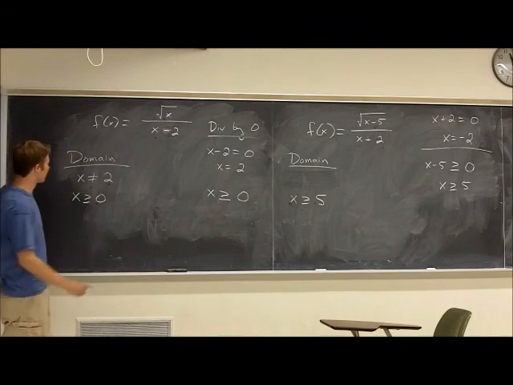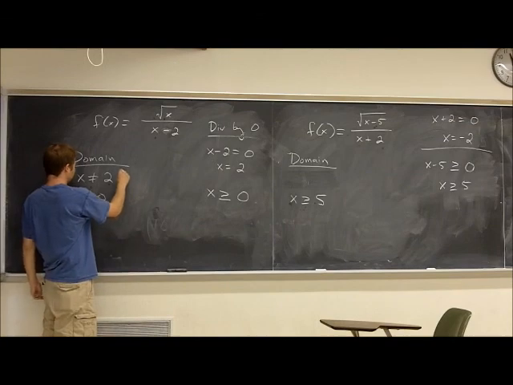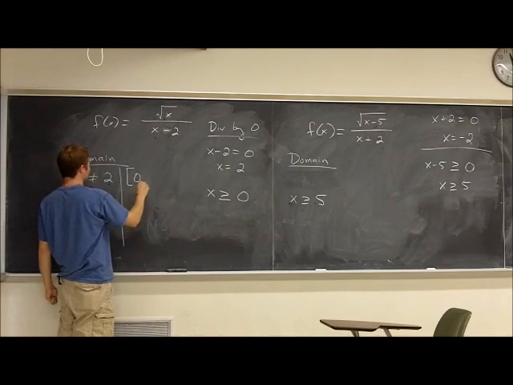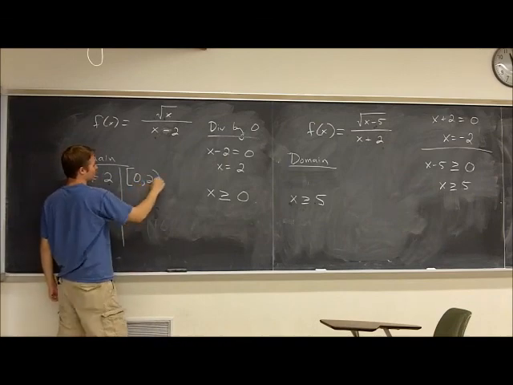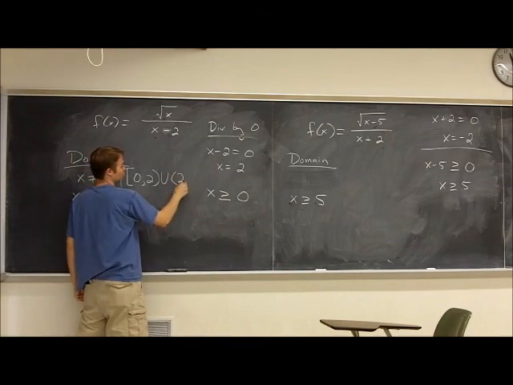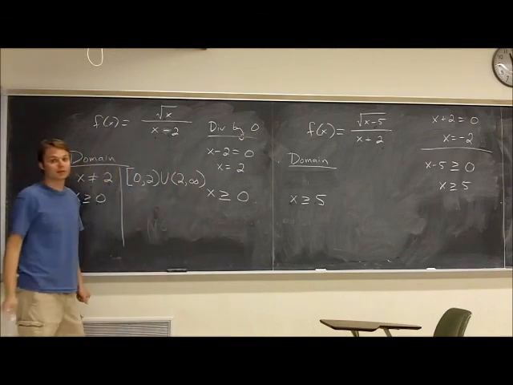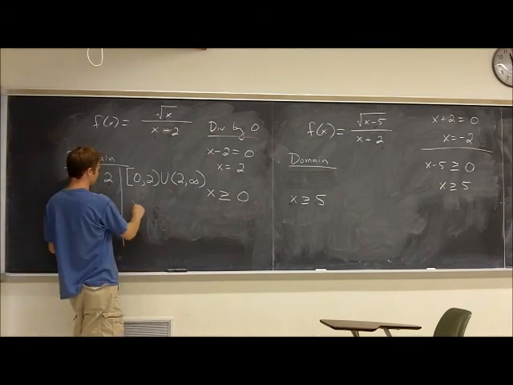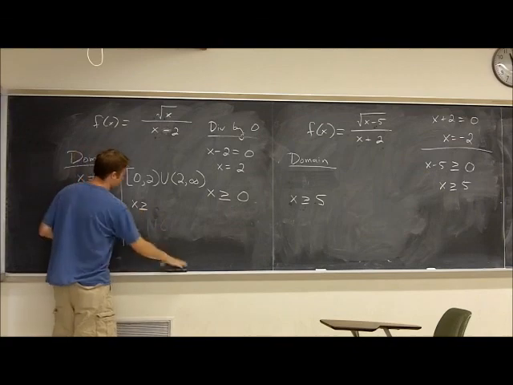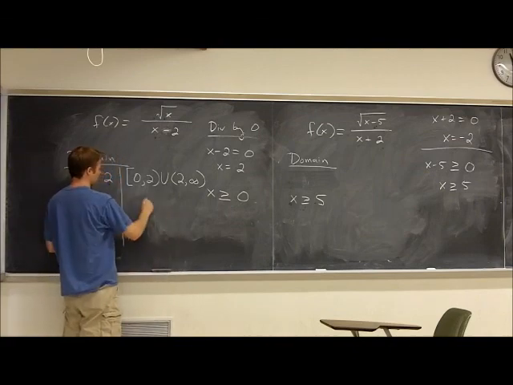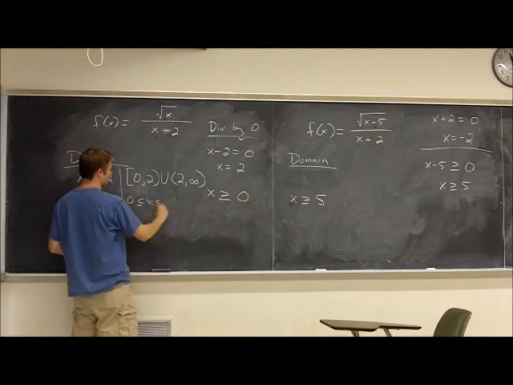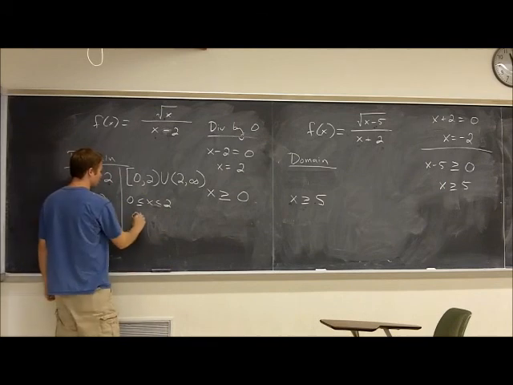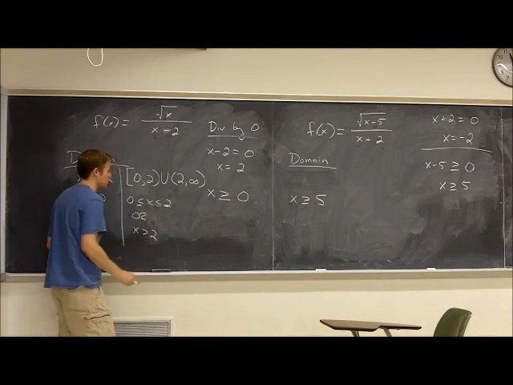So if we wanted to write this, I would write it using interval notation. It goes from 0 to 2, not including 2, and then 2 to positive infinity. Another way we could write this is that x is in between 0 and 2, not including 2, so strictly less than 2, or x is greater than 2.